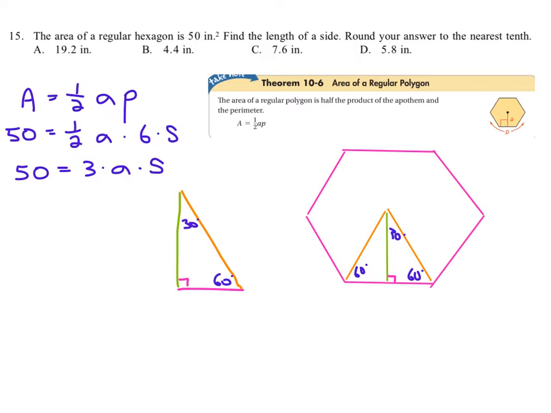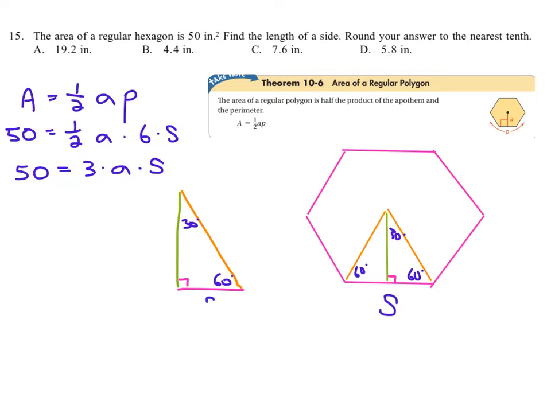So what's the length of a side? Well, look on this main hexagon over here. That has length S, standing for side. We don't know what it measures. I'm going to write it in as side length S. But we do know that whatever this is, that's half of S. Because the whole thing's S, then that's S divided by 2.